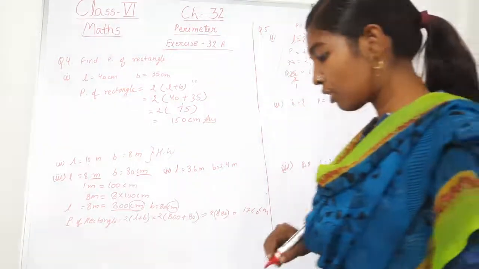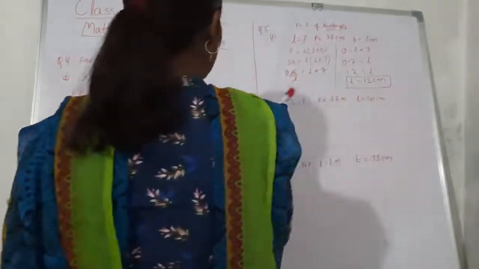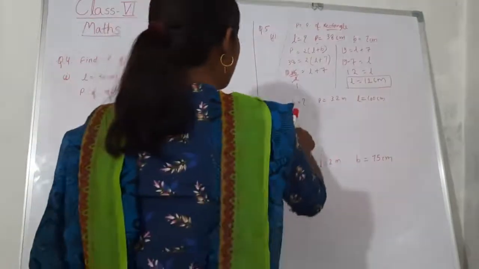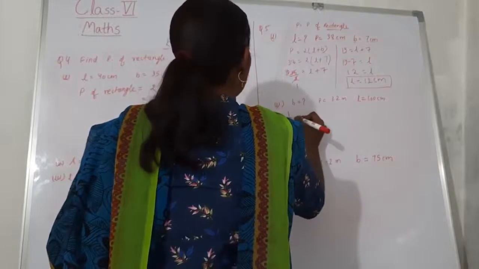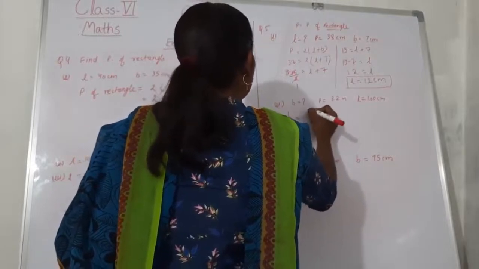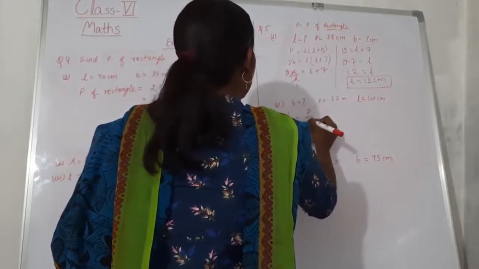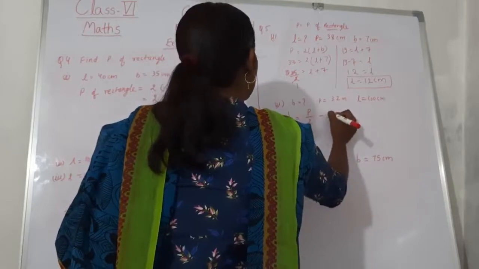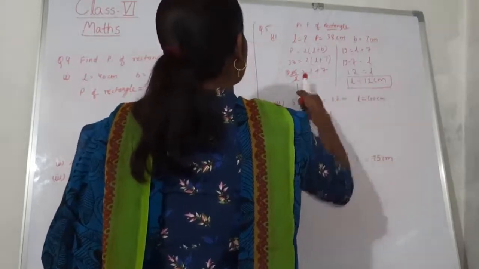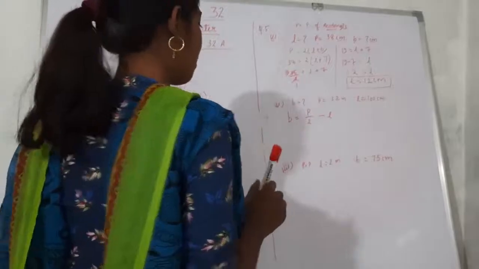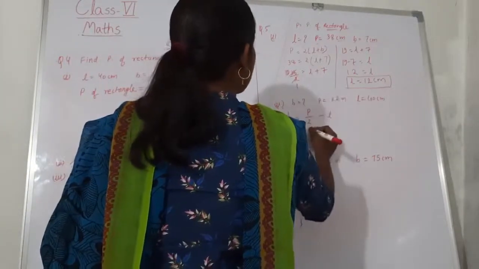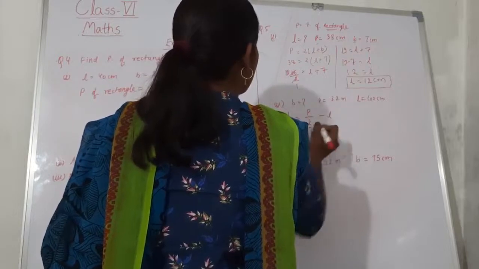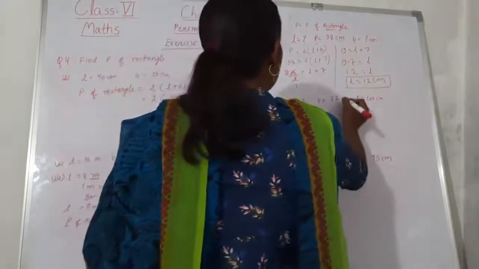Okay, note down. Now the second question is asking us to find the breadth. Here I am going to apply the direct formula of breadth. Breadth is equal to perimeter divided by 2 minus length. From here you can see the formula will be like that only. So breadth is not given, perimeter is 3.2. Okay, one more thing here.